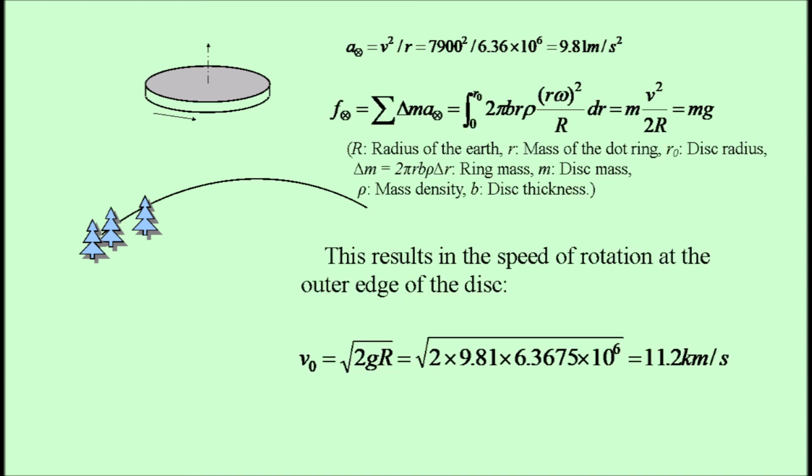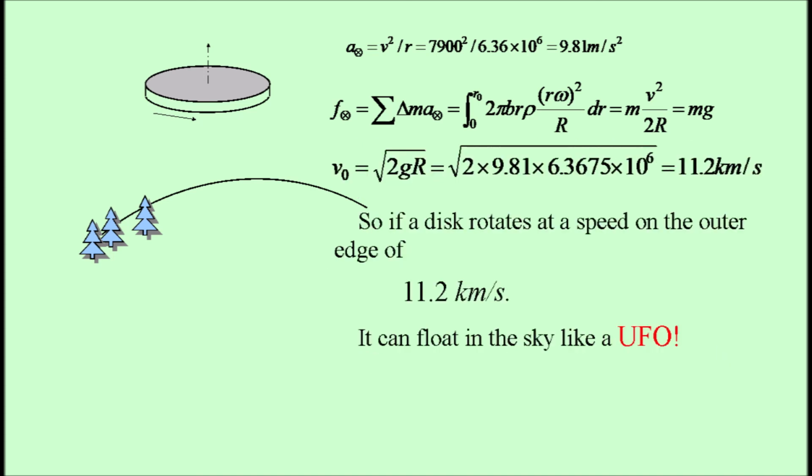This results in the speed of rotation at the outer edge of the disk. So if a disk rotates at a speed on the outer edge of 11.2 km/s, it can float in the sky like a UFO.